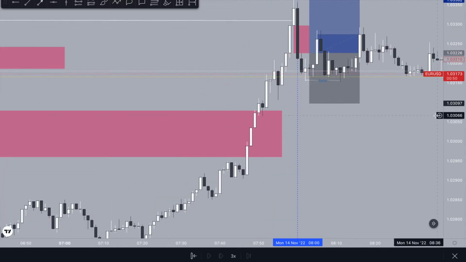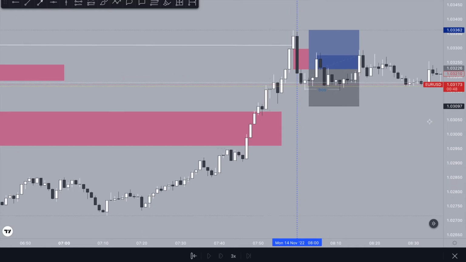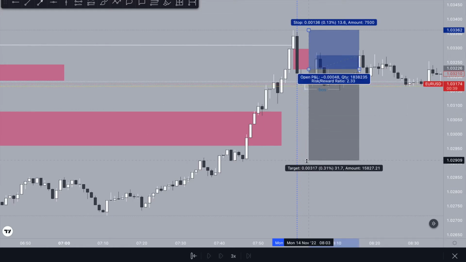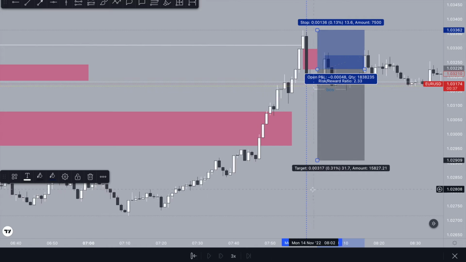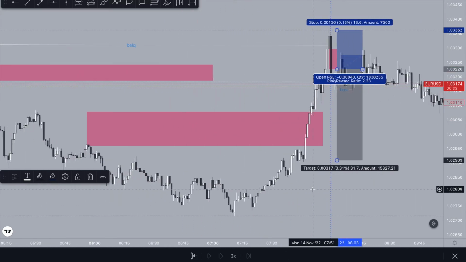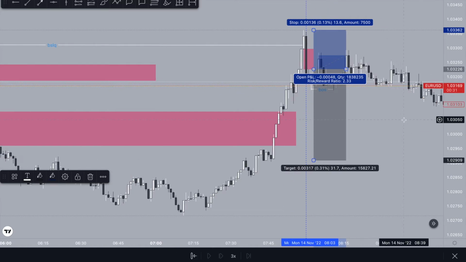And then since we are expecting a reversal at this area, I was actually expecting price to hit this area before it moves to the downside.